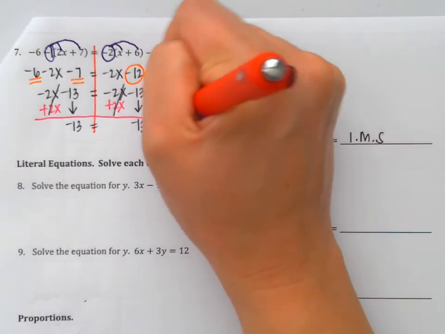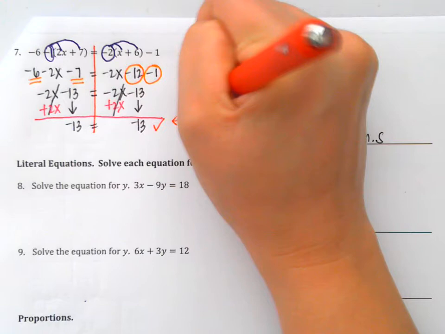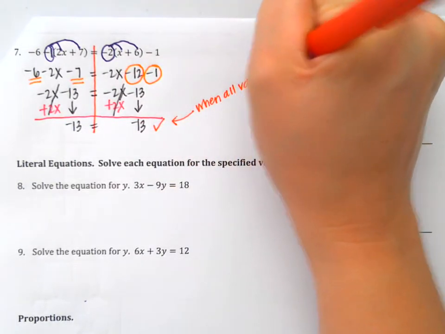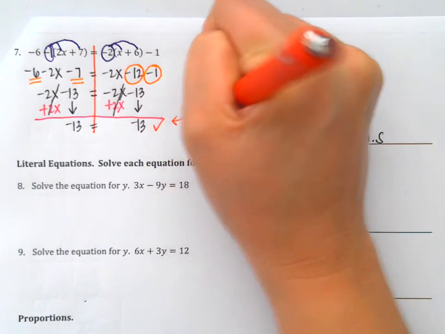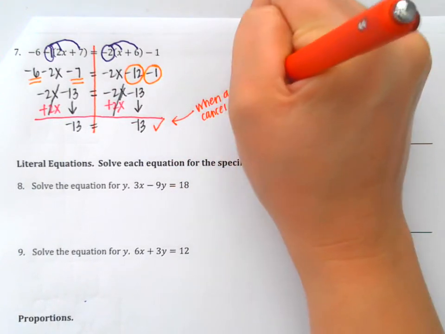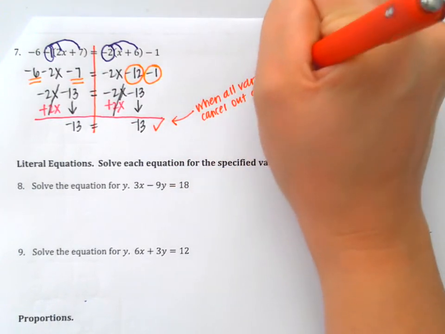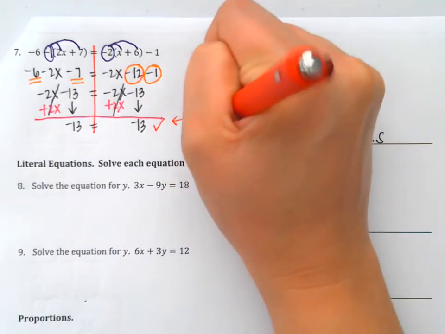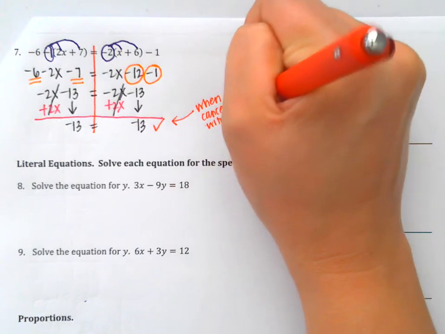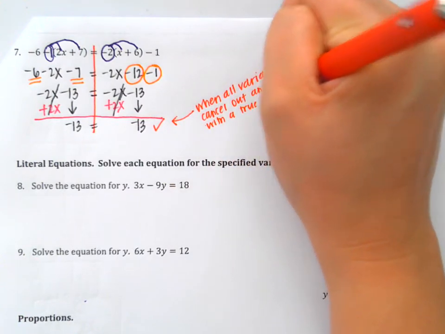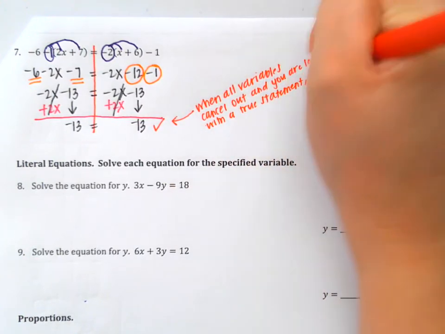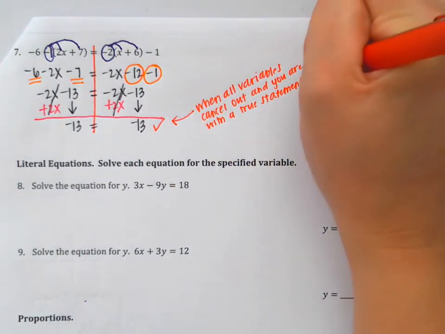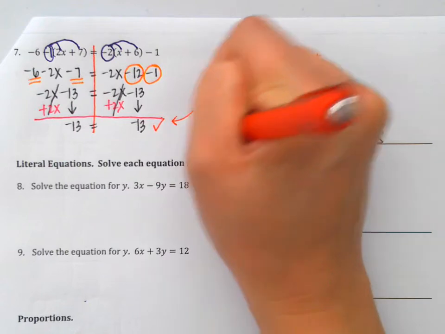So again, when all variables cancel out and you are left with a true statement, it is infinitely many solutions.